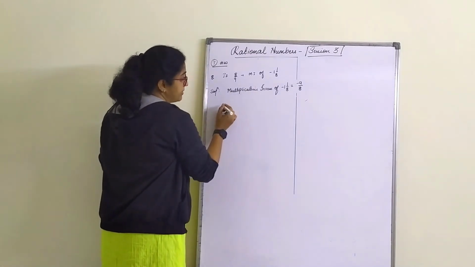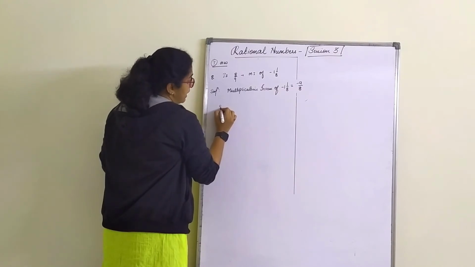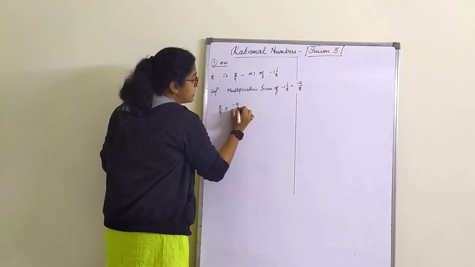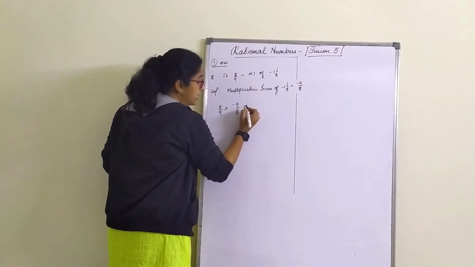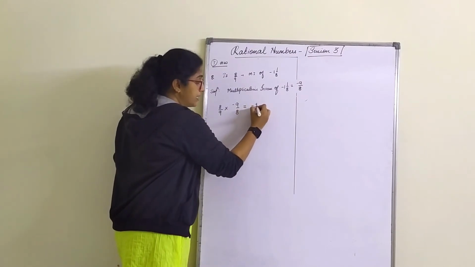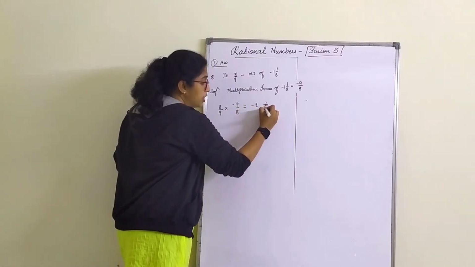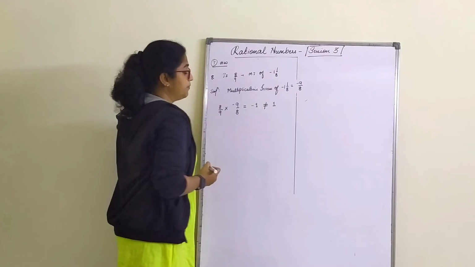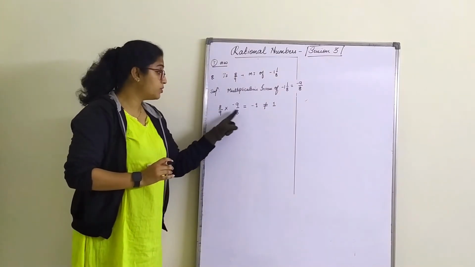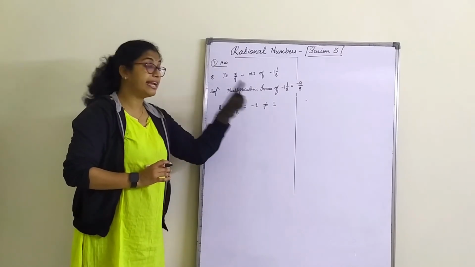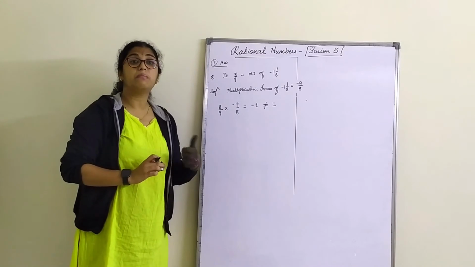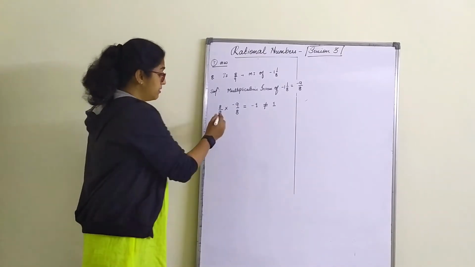So I will write here now. 8 by 9 into minus 9 by 8 is equal to what? If I cancel this, minus 1, which is not equal to 1. Why did I write 1 here? Because for a multiplicative inverse, when I multiply and write like this, I need to get plus 1 as the answer. But what am I getting? I am getting minus 1 as the answer.